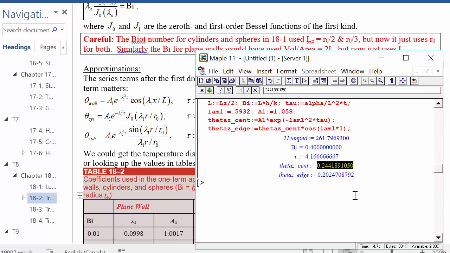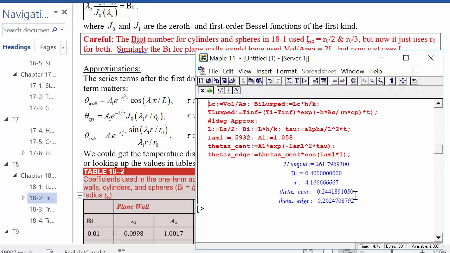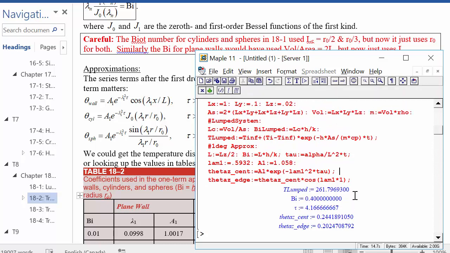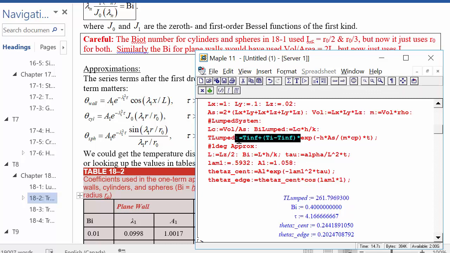So 24% or so of the original temperature is left at the center, and about 20% at the edge, compared to the free stream temperature. So this gives us information on how we can figure out the temperature, and the calculation is similar to the lumped system calculation.